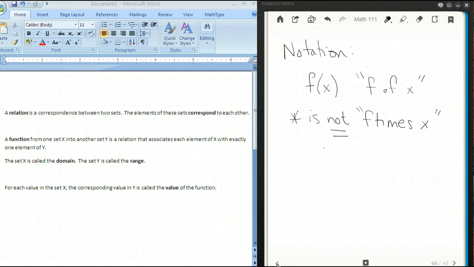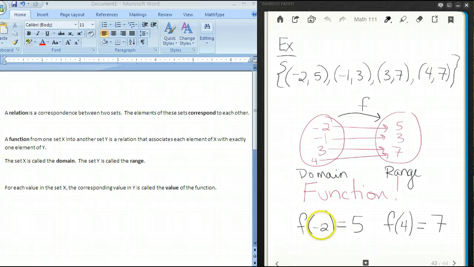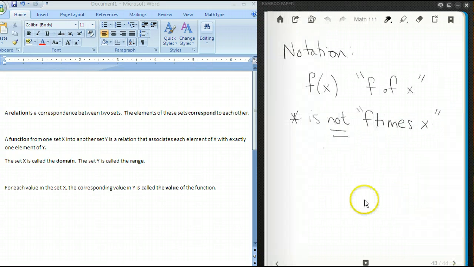So I could have gone back here and said the value of the function when x is -2, when my input is -2, is 5, right? And so this would be the value of the function. So 5 is the value of the function. 7 is the value of the function when the input is 4. 5 is the value of the function when the input is -2. Okay, and those are again words we can make use of. Okay, for right now, that'll be good.